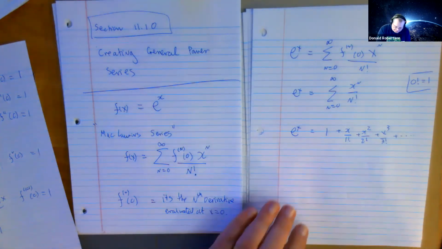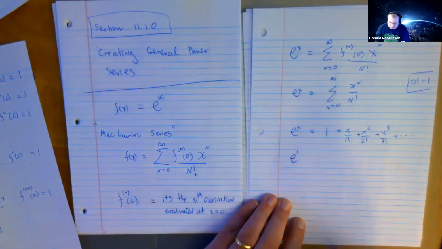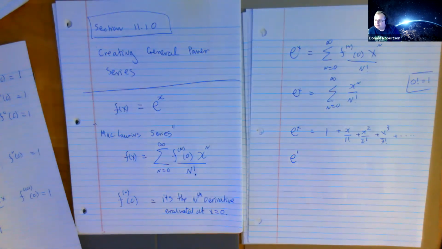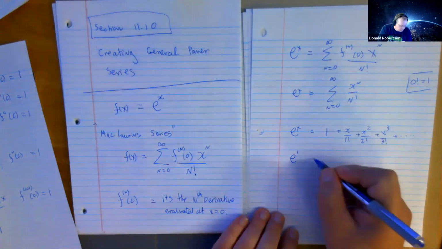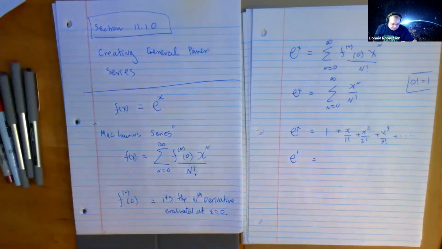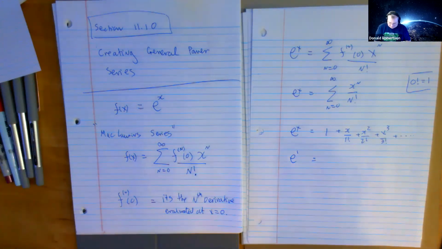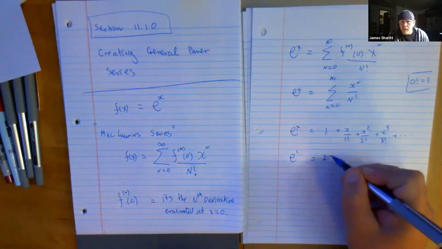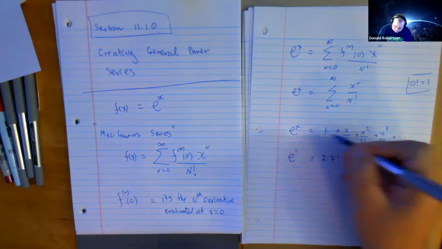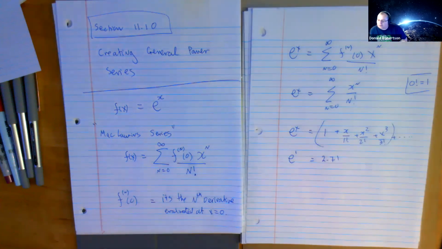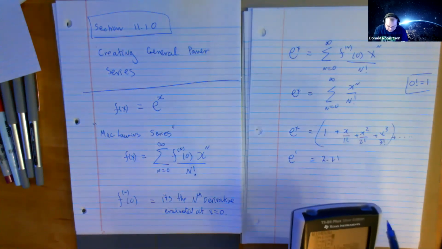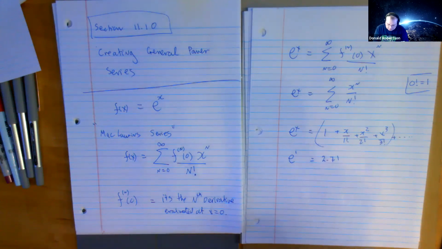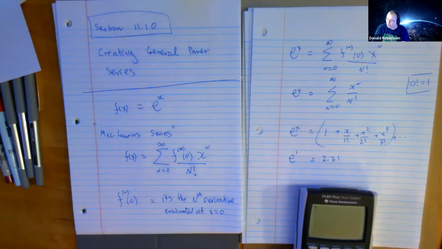Right, let's try some. Isn't e to the 1 e? Agreed? Anybody know what e is off the top of their head? Approximately 2.71. Okay. If I use just the first 4 terms, right, that's my going rate, and a little bit of calculator, shouldn't I be able to come up with what e looks like?